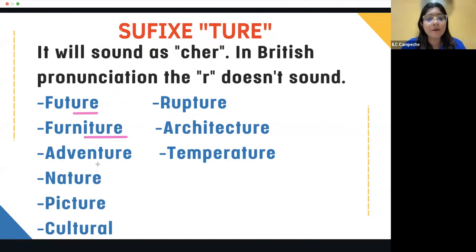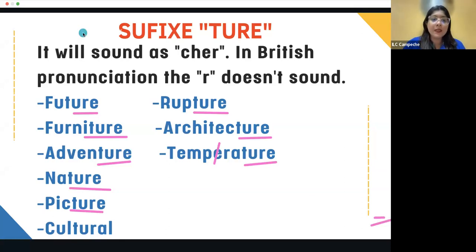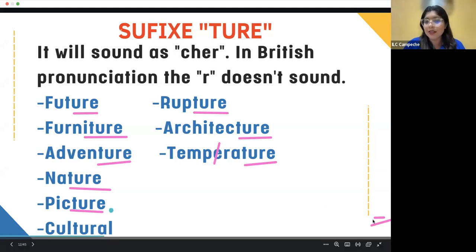Furniture, adventure, nature, rupture, architecture, temperature, please don't read this E, picture, okay? And I also wrote the word culture because it's not at the end, it's not a suffix, but the pronunciation is pretty much the same.